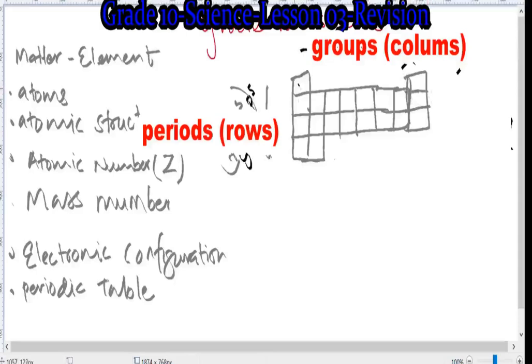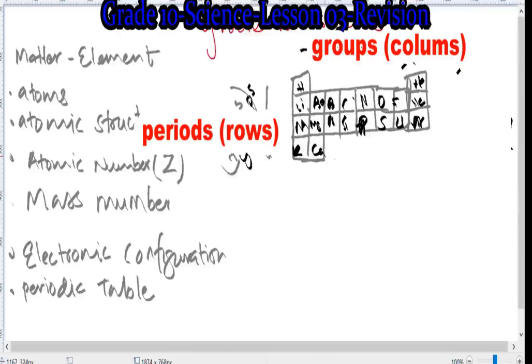So we have hydrogen, helium, lithium, beryllium, boron, carbon, nitrogen, oxygen, fluorine, neon, sodium, magnesium, aluminium, silicon, phosphorus, sulfur, chlorine, argon, and so on.